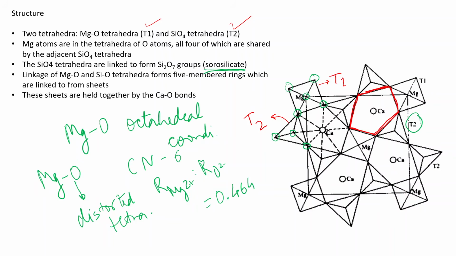These five-membered rings are linked together to form sheets. And in that five-membered ring is located the calcium atom. This calcium atom is linked to the oxygen of all the tetrahedra together. So the sheets of melilites, that is the five-membered sheets, are linked by this calcium atom.